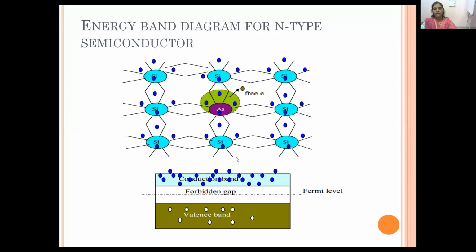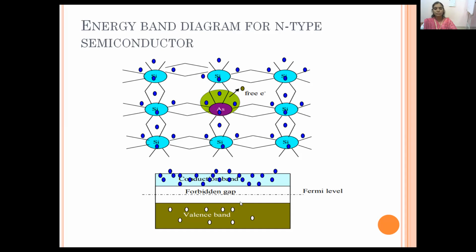An extremely small amount of arsenic impurity can supply millions of free electrons. Due to thermal energy, electron-hole pairs are still generated, but the number of free electrons is very large compared to holes.